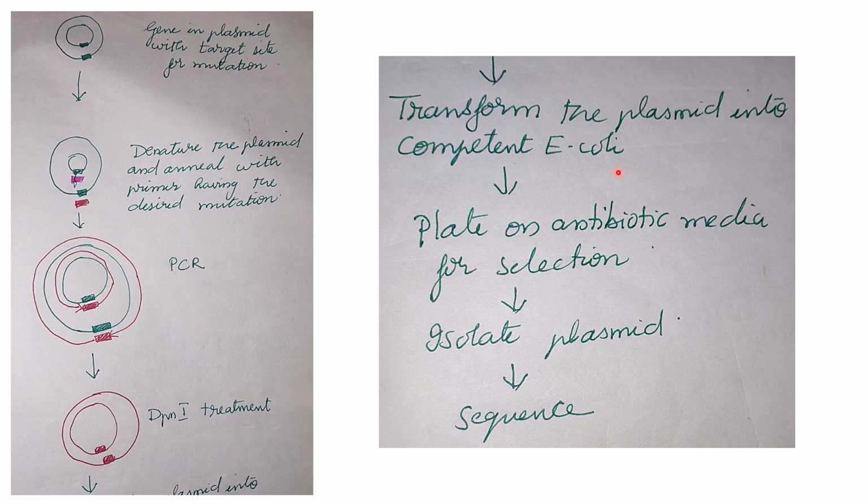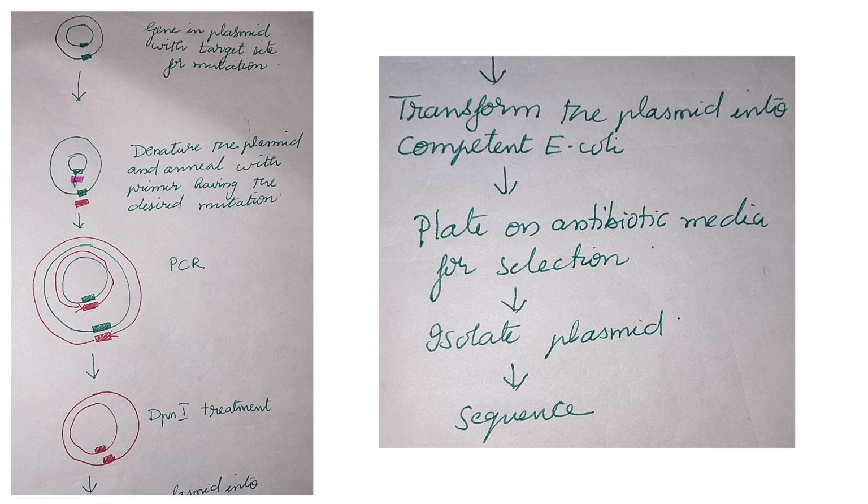Now you plate these E. coli onto an antibiotic media for selection. So the ones which have taken up the plasmid will grow on this antibiotic media, whereas the others which have not taken up the plasmid will die off. Then you isolate plasmid from individual colonies and send them for sequencing, so that after sequencing you can confirm that the desired point mutation has been successfully introduced.